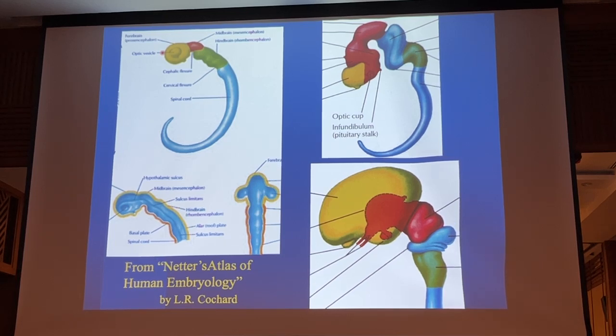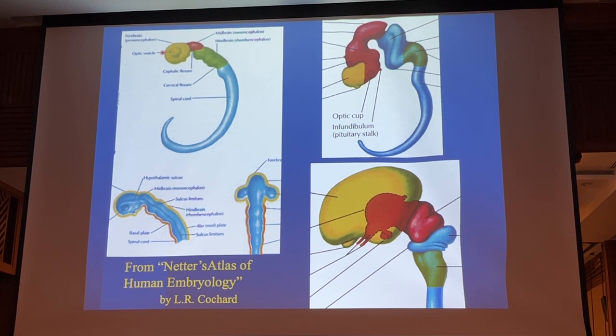The prosencephalon develops into, anybody know? You can say it. It develops into the diencephalon and telencephalon. Telencephalon means most of the cortical regions.